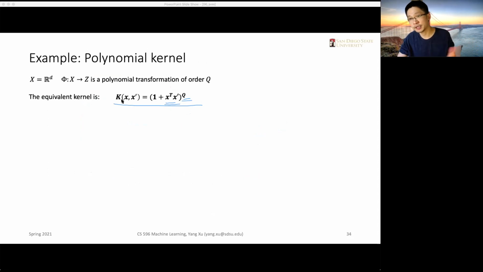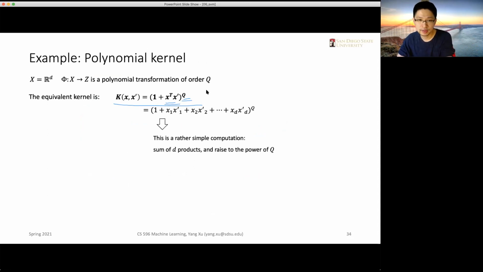But we don't actually care about how the transformation is done. We just need to know that the kernel method works. This is actually a rather simple computation. It's a summation of d products and then raised to the power of q. We don't need to actually expand the polynomial terms.